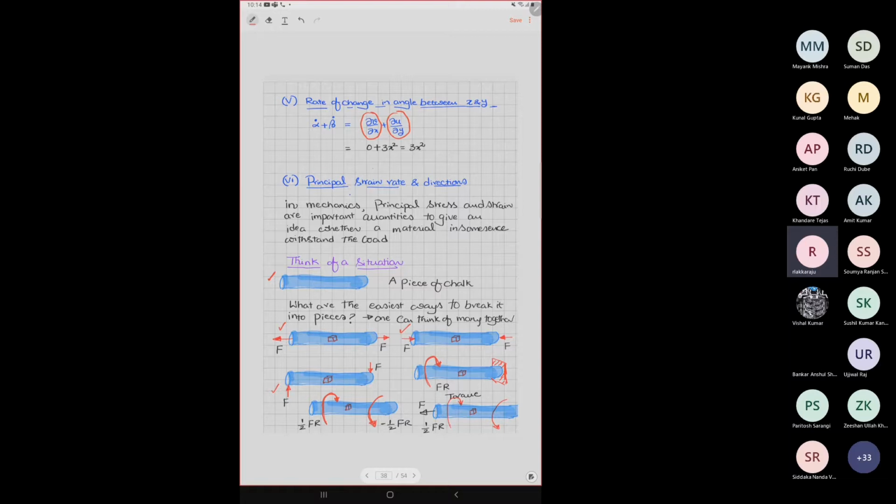Which one is easy to break that piece of chalk? Let us put numbers like A, B, C, D, E, and F.